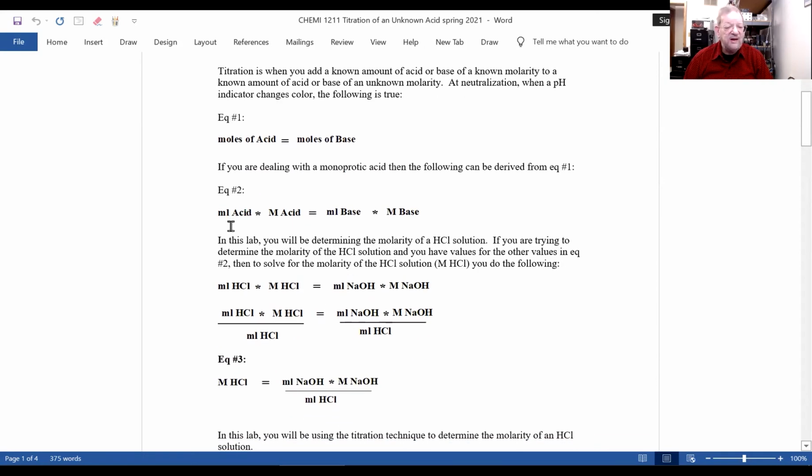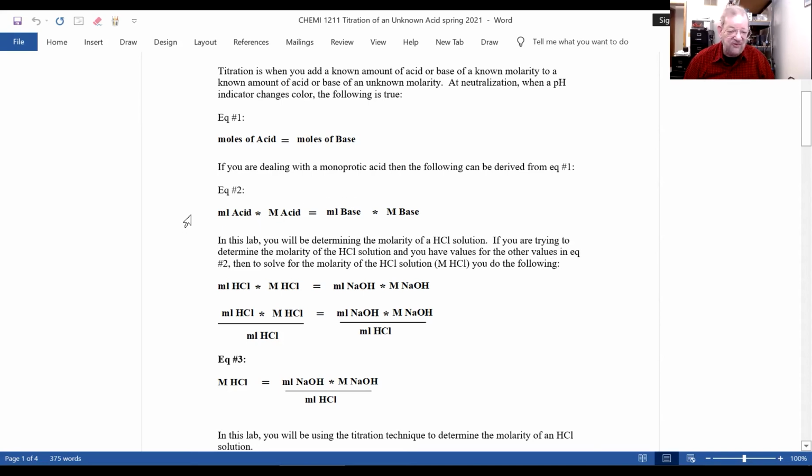Now, you can boil this down to milliliters of acid. You can obtain, deriving from here to equation two, that milliliters of acid times the molarity of acid equals the milliliters of base times the molarity of base. And this is true for a monoprotic acid.